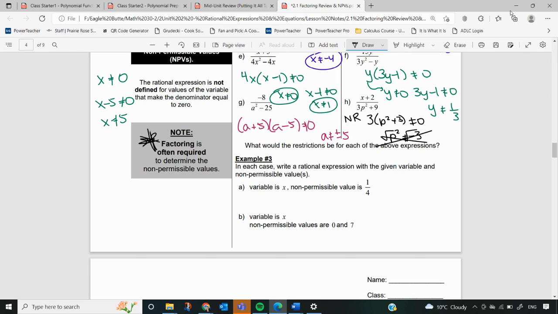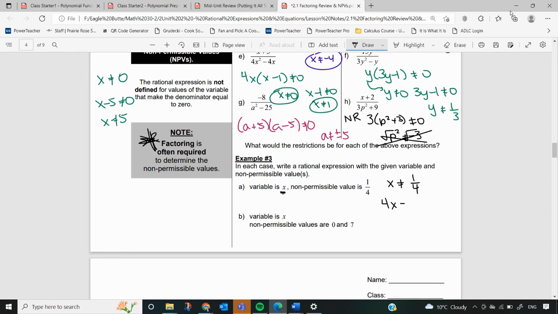All right, so it says in each case, write a rational expression with the given variable and NPV. So we want something with a variable of x and an NPV of 1/4. So we can write this as x cannot be 1/4, and then we just rearrange until your expression is equal to 0. So the first thing we would do is multiply by 4.